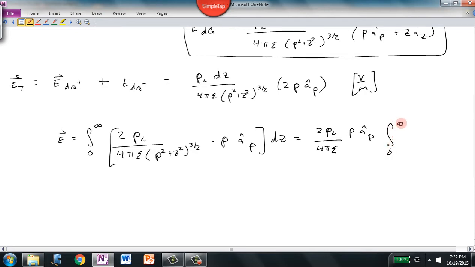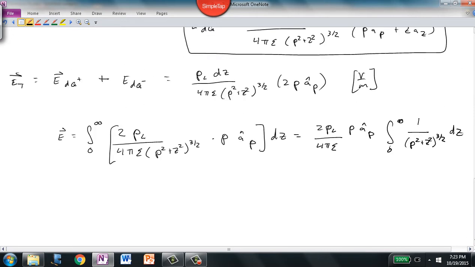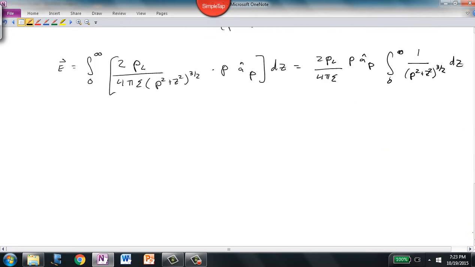Now all I have to do is integrate from 0 to infinity of 1 over rho squared plus z squared to the 3/2 dz. This is a pretty common integral. You've definitely solved this in your calculus classes before.